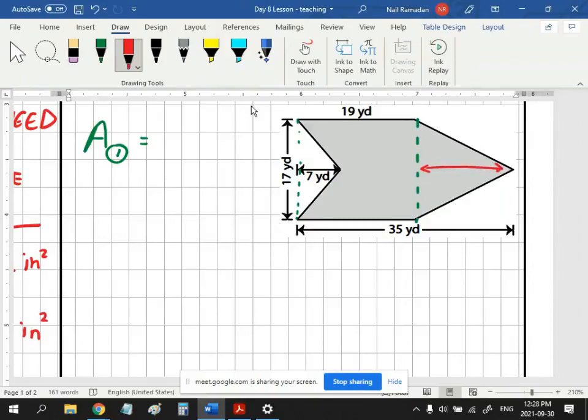How about from here just to here? This has to be the rest. Perfect. So this is 16. Divide by 2.